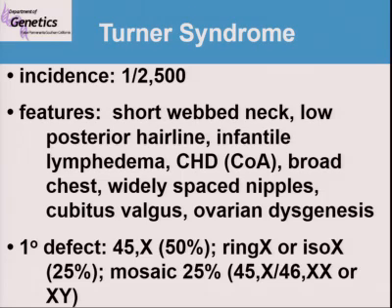We like to know that because if they have some Y-bearing material in a certain percentage of their cells, they are at risk for gonadoblastoma, because there may be internal gonads. So we want to find these kids so that they will undergo prophylactic gonadectomy to eliminate the risk for gonadoblastoma.